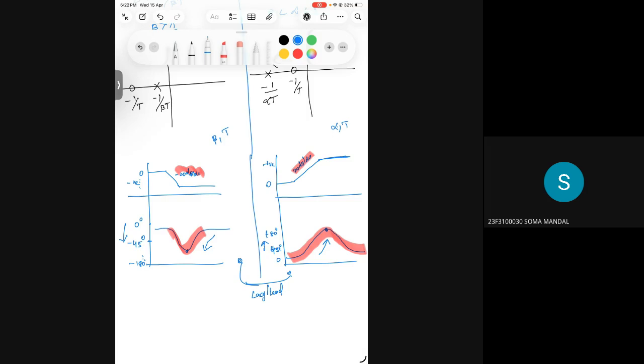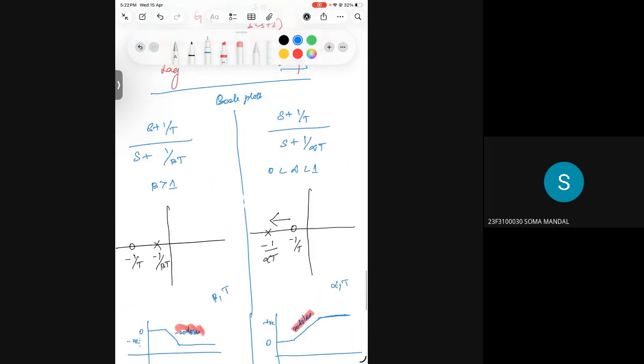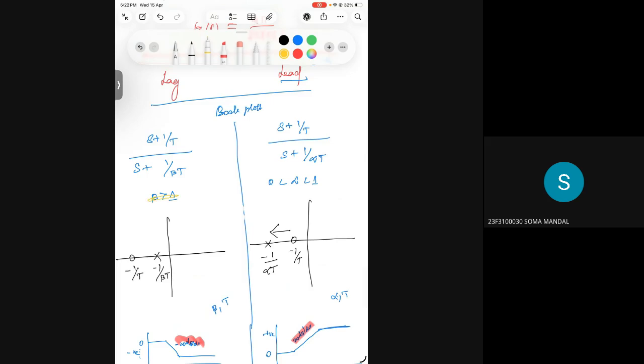Okay. Based on the value you choose for your compensator, the position of your pole and zero varies. In a lag compensator, your pole lies to the right of your zero, whereas in a lead compensator, your pole lies to the left of your zero.